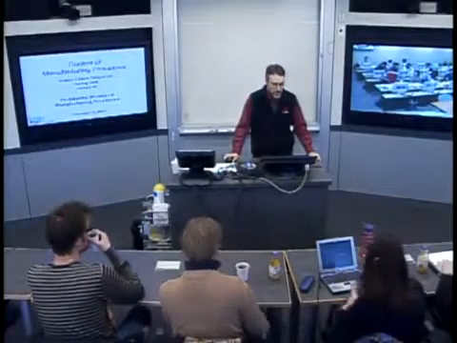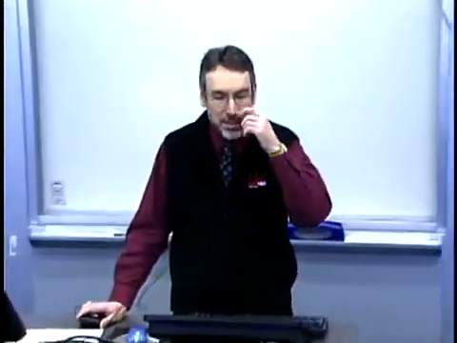Okay, so today we're going to talk about some of the probability models associated with variation in manufacturing processes. The last couple of classes we've tried to do two things.